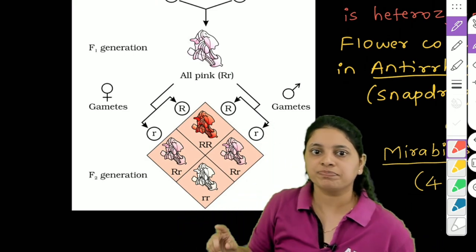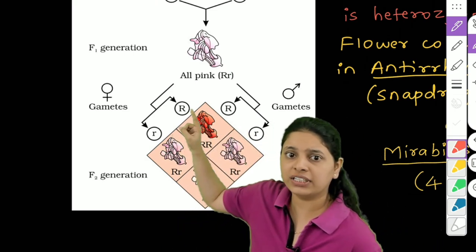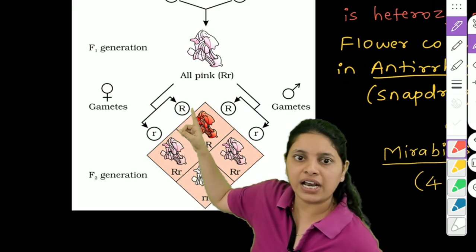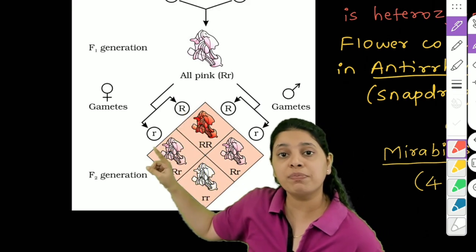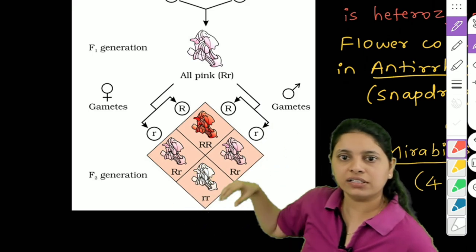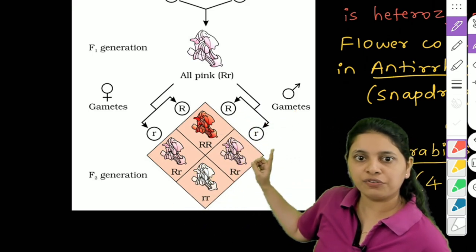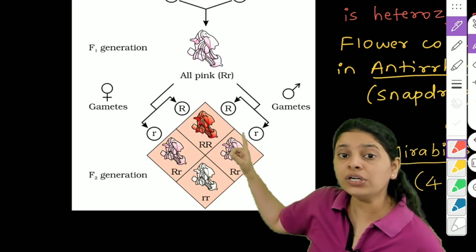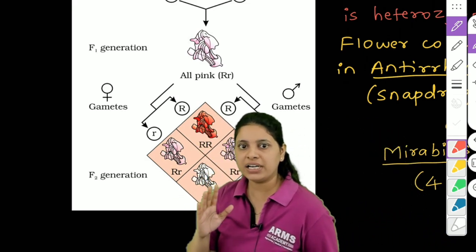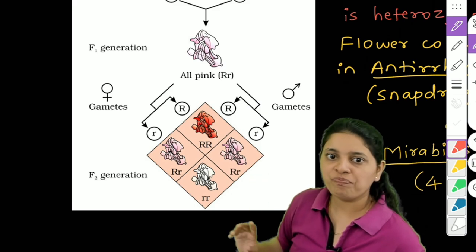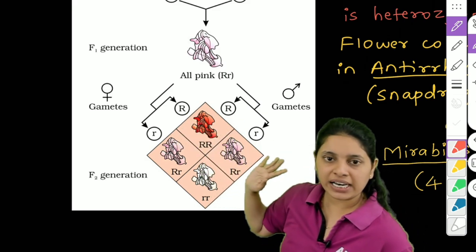And hence 50% of the gametes, let's say the female gametes, 50% of the female gametes will have capital R and the remaining 50% will have small r. Similarly, in male also 50% with capital R and 50% with small r. So here two types of male and female gametes are produced as the plant was hybrid. Now, the female and the male gametes will fuse.